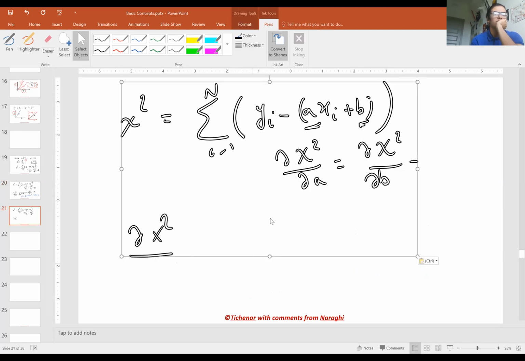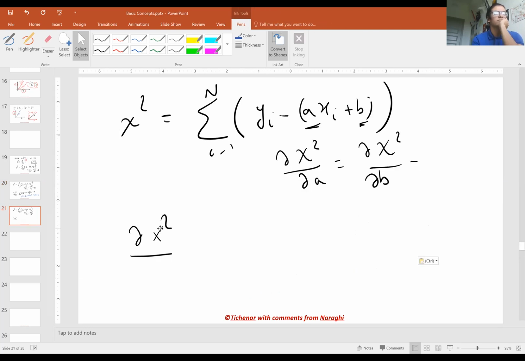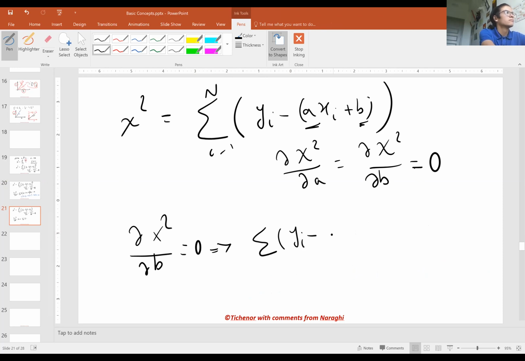So again, I put it in here, and the derivative with respect to b will be, again by the chain rule, yi minus a xi plus b, times the derivative of the inside with respect to b, which is going to be what? 1. Exactly. Actually, minus 1 because of this sign here, but because it's equal to 0, it doesn't matter.